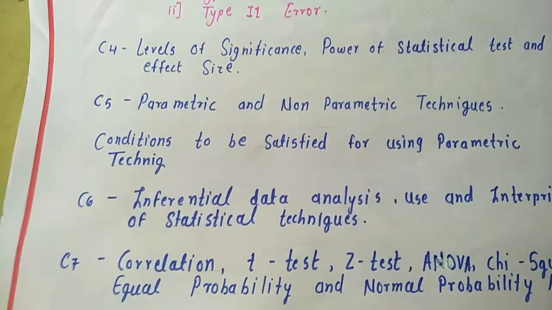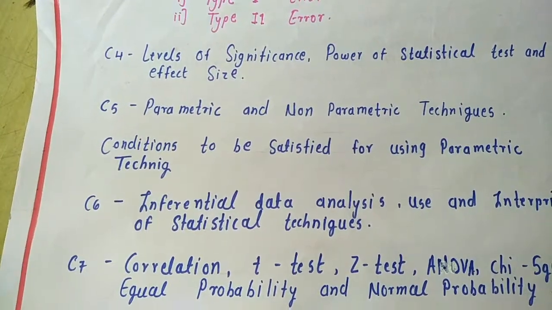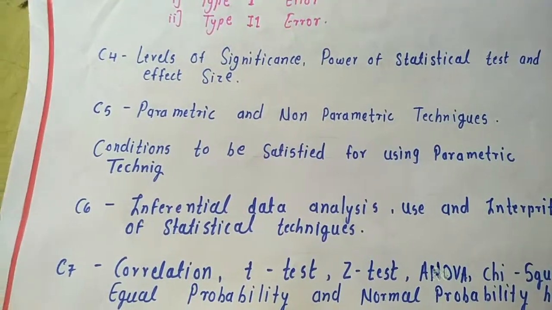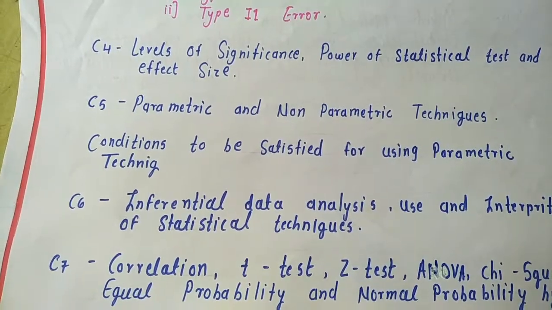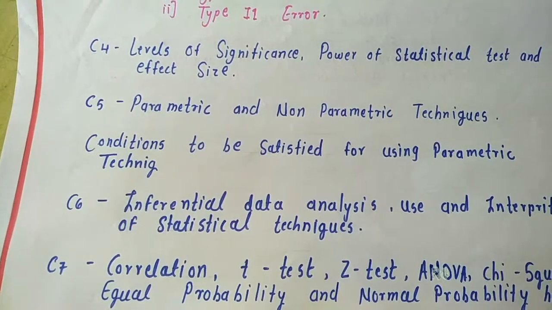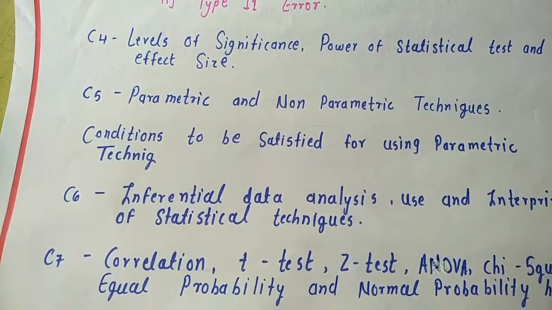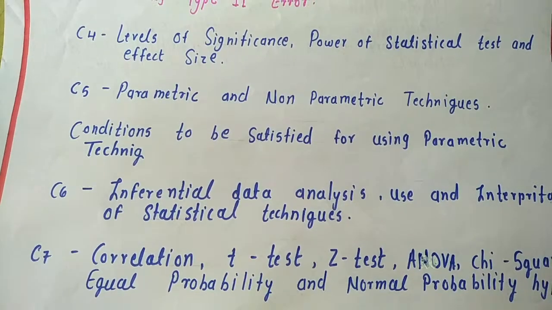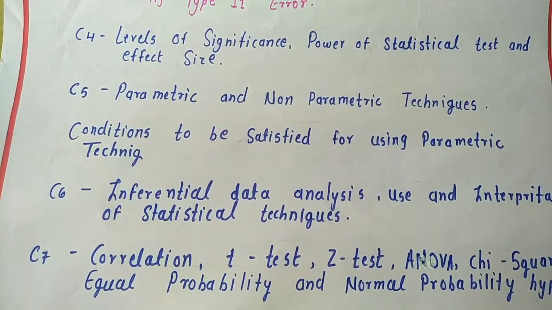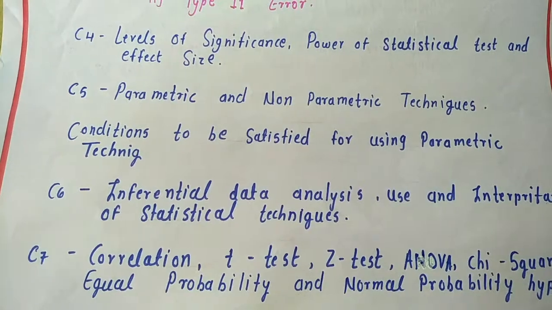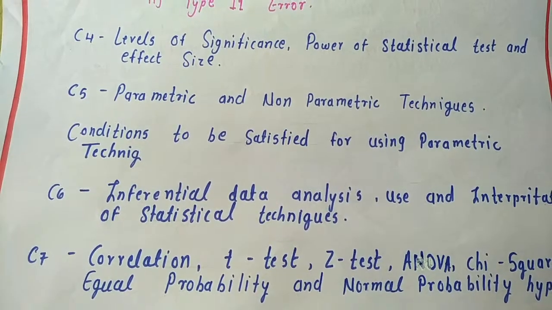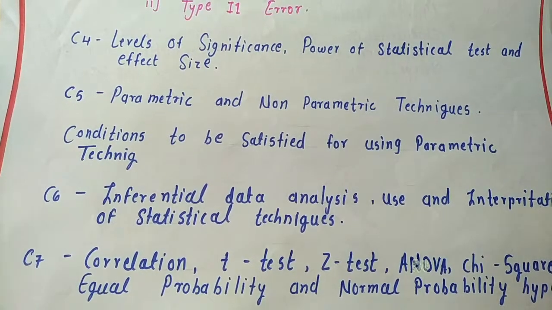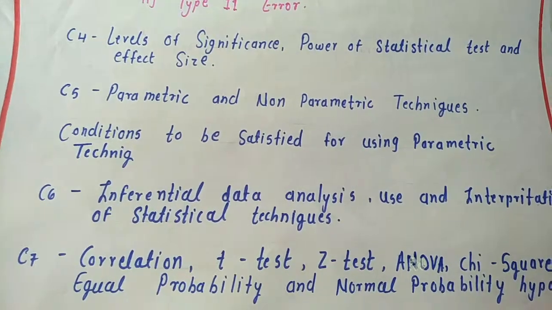Then next one, parametric and non-parametric techniques. Parametric technique, that is the t test, and non-parametric, that is chi-square test. We have to make a difference between them. Then conditions to be satisfied for using parametric technique.